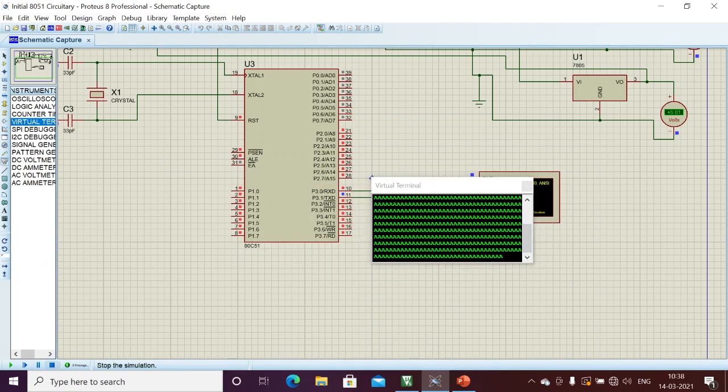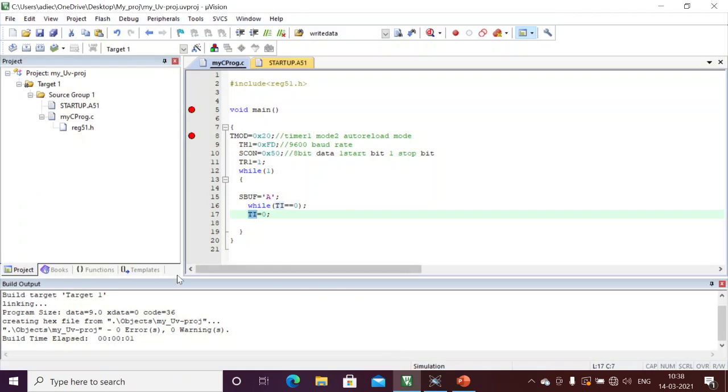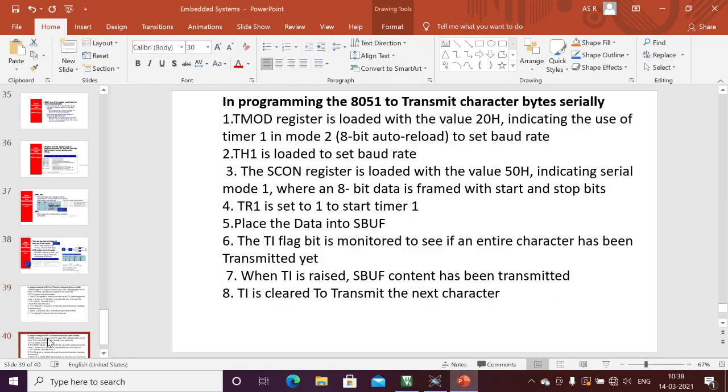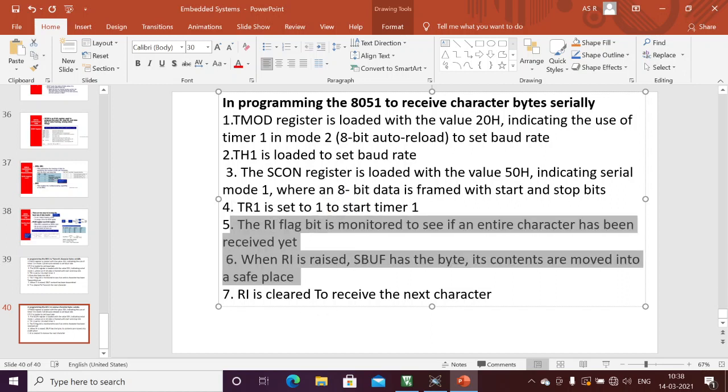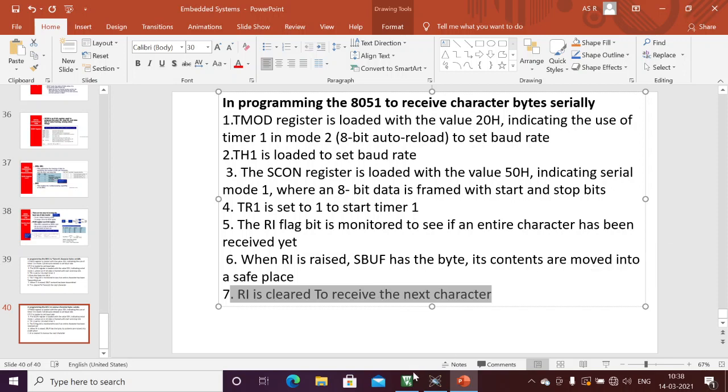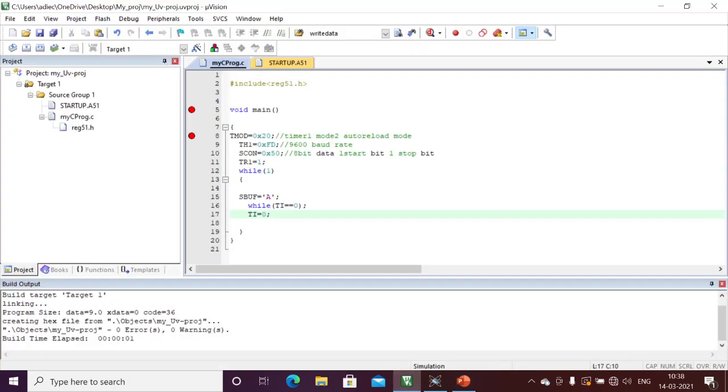Similarly, if I want to write for the reception, all the program steps are the same, only these steps are different. Here we need to check whether it is completely received or not. If it is received, we need to place the data to the particular register, and after that clear the register content. Now, after the TX program, I am going to write the RX program.